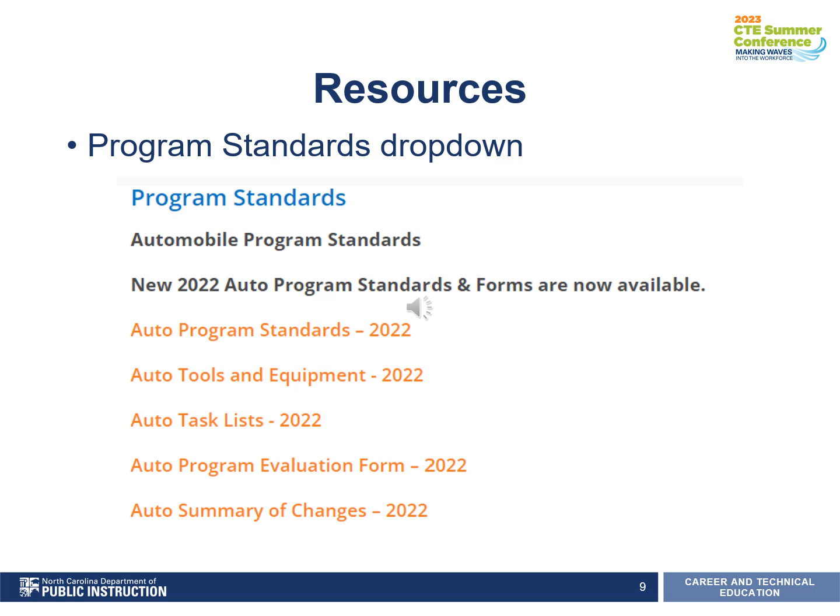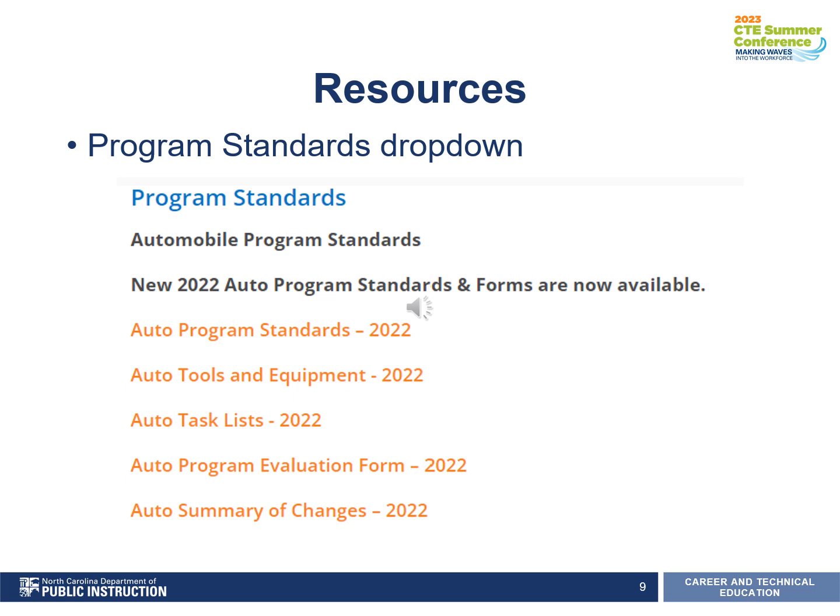Our programs accredit at the MLR level. There's MLR, AST, and MAST. So right there's a good resource for the required tools and equipment. And then also the auto task lists for all three levels of accreditation.